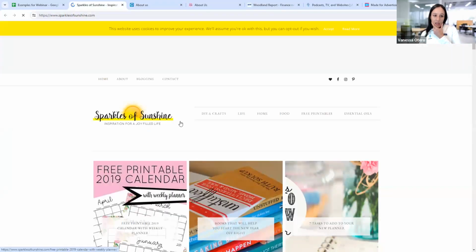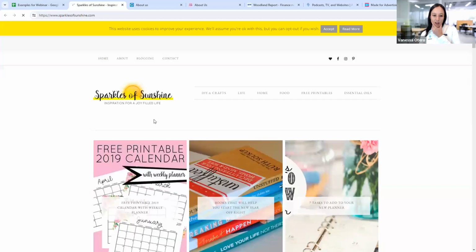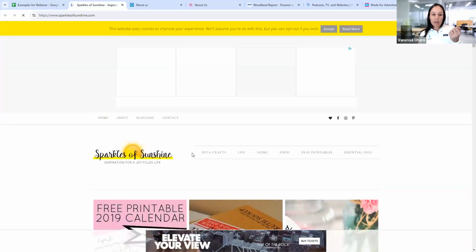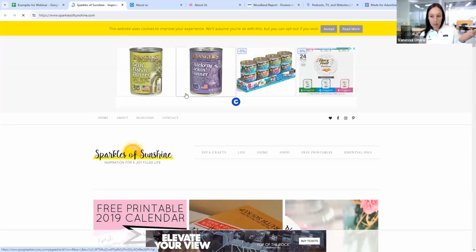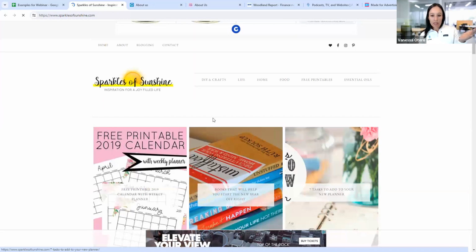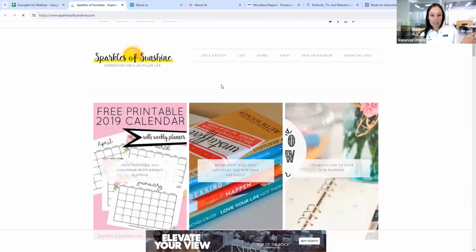All right, this one we categorize as borderline MFA because it has some of the factors, like it has a lot of ads that pop up. Here's one at the top, there's one at the bottom, and it's going to fill in with some on the sides.